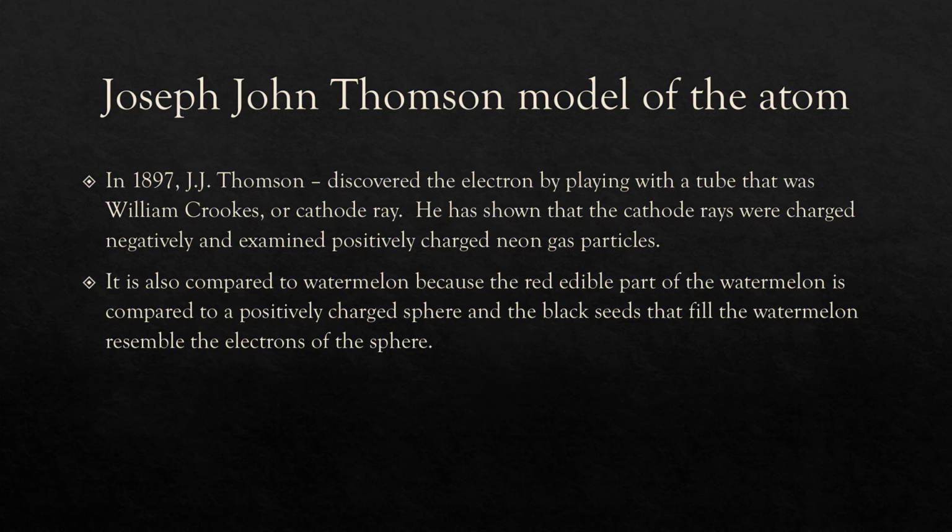J.J. Thomson, or Joseph John Thomson, was the pioneer who discovered the electron way back in 1897 by playing with a tube made by William Crookes, or a cathode ray. He showed that the cathode rays were charged negatively and examined positively charged neon gas particles.